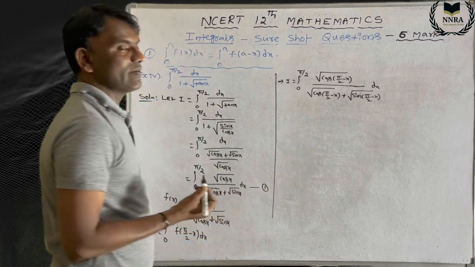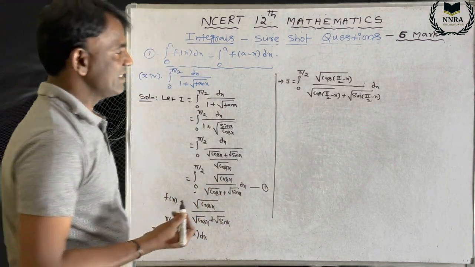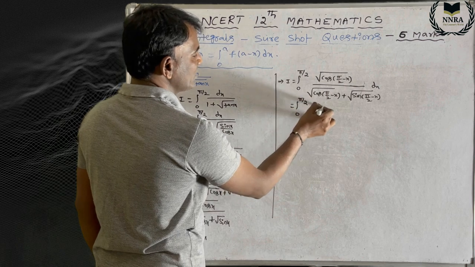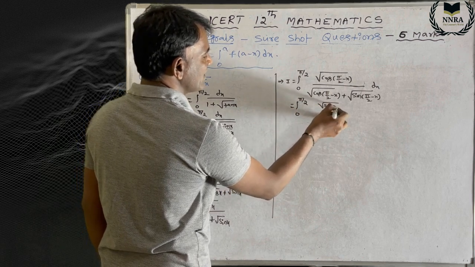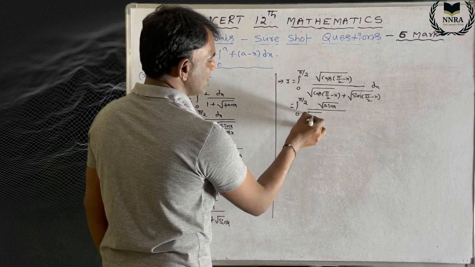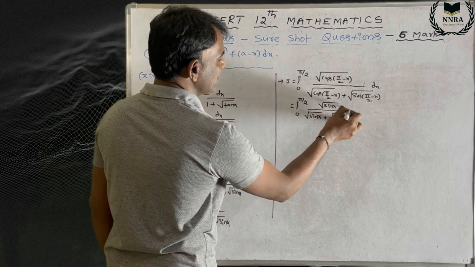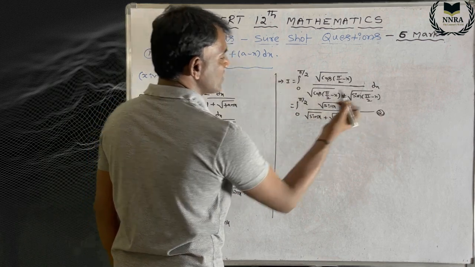So what is cos of pi by 2 minus x? Sin x. Then integral 0 to pi by 2, this is root of sin x. Clear? And the denominator is the same, and the second term is root of cos x, then dx. Equation number 2.